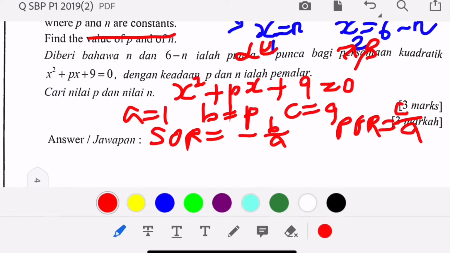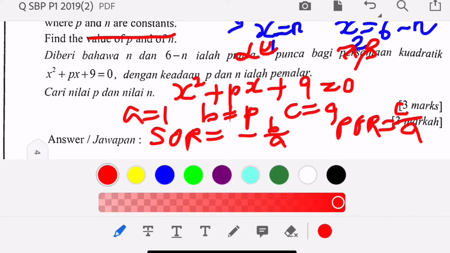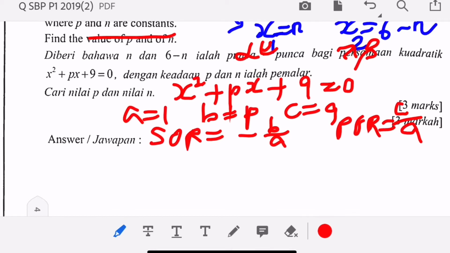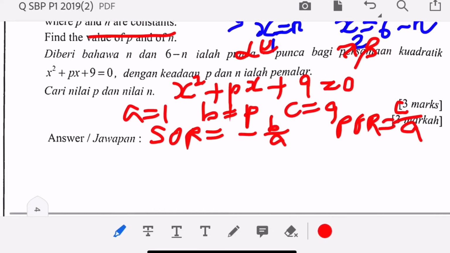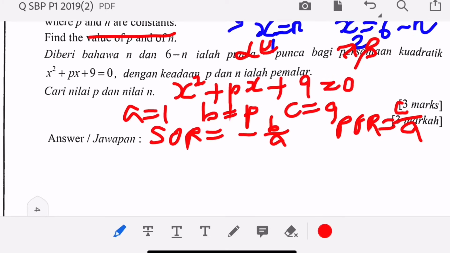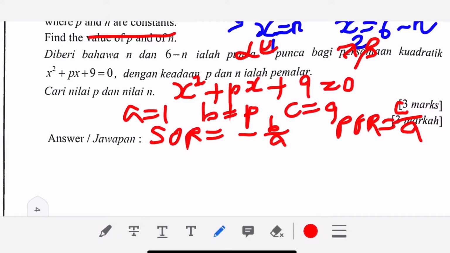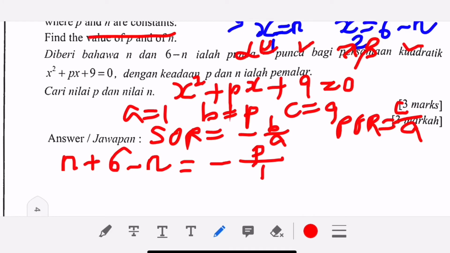Is n, right? So we will take n plus 6 minus n. So we will sum up the two roots equal to negative P over 1. Okay, now we take n plus 6 minus n equals negative P over 1. Okay, that is the formula.